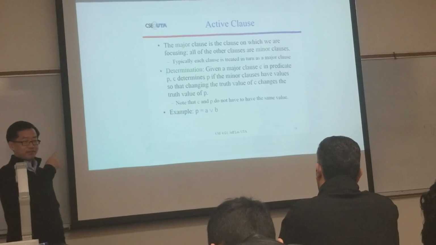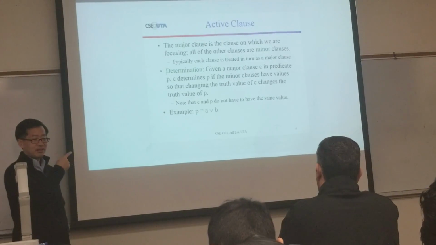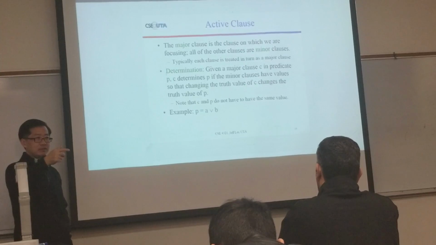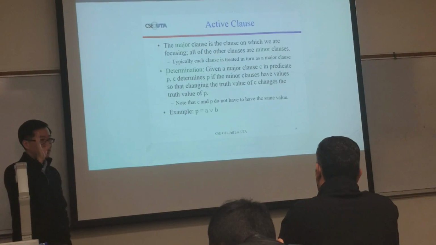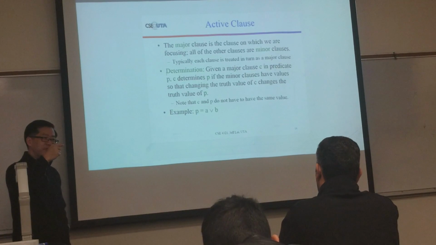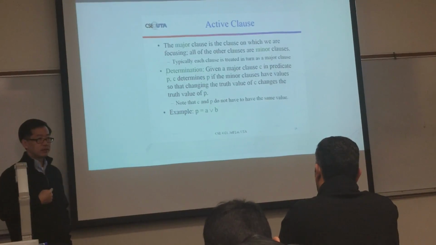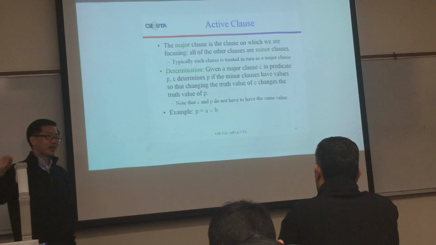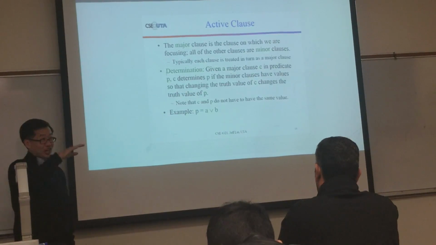So imagine if this is not the case. Remember we're talking about Boolean variables or Boolean expressions. If you flip the value of the major class, and it does not affect the value of the predicate, what does that say? Well, every class is important, right?